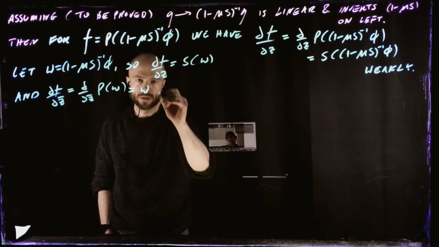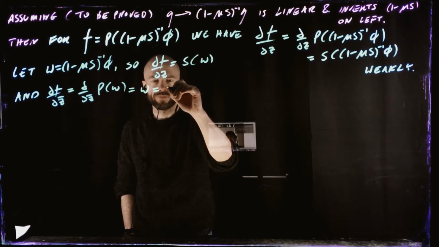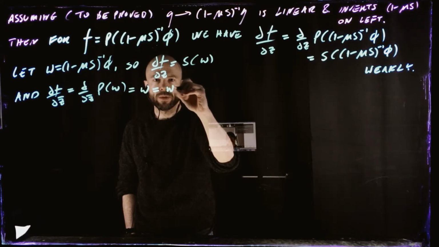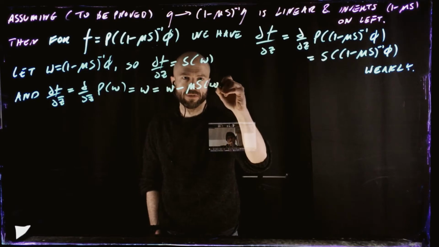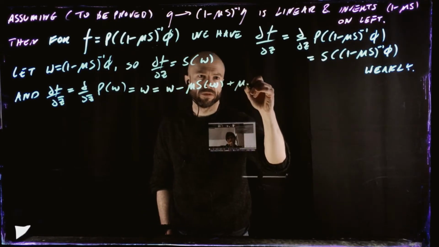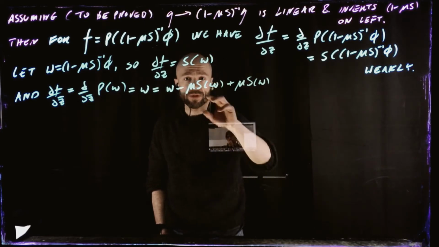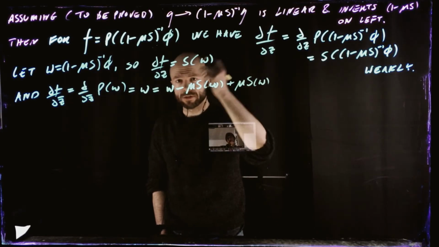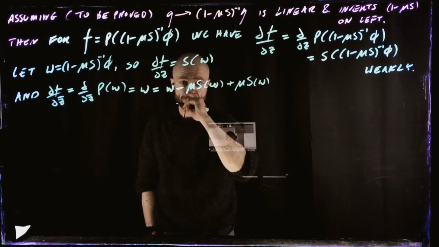And let's write W as W minus mu of S of W plus mu of S of W, which is obviously true. Again, S of W makes sense because W is an LP function, so this is a meaningful expression.